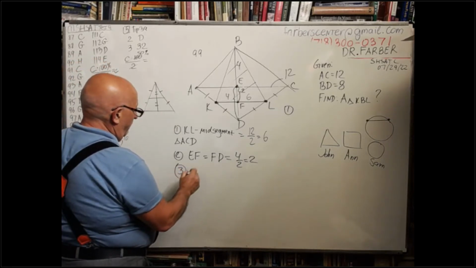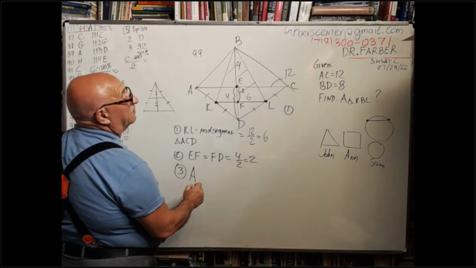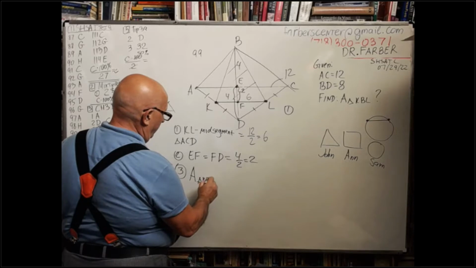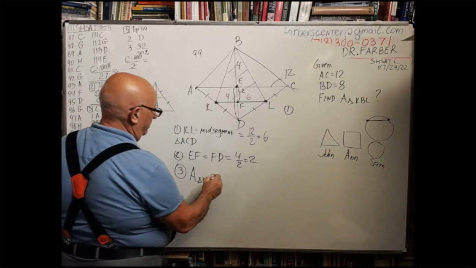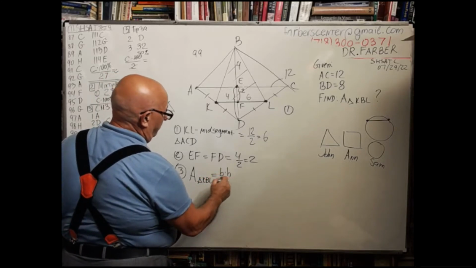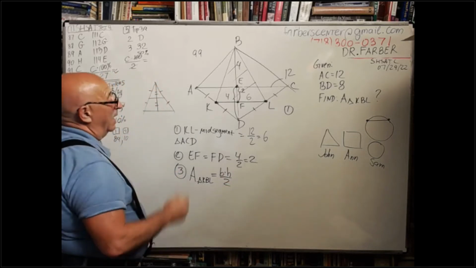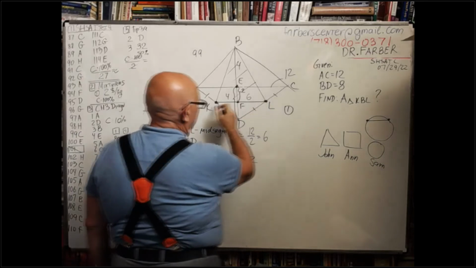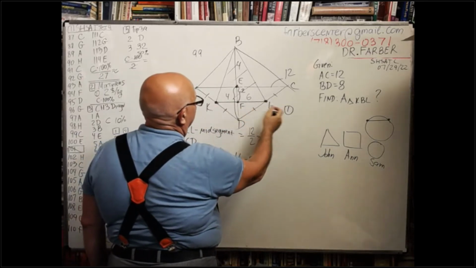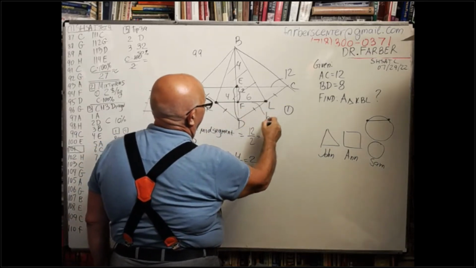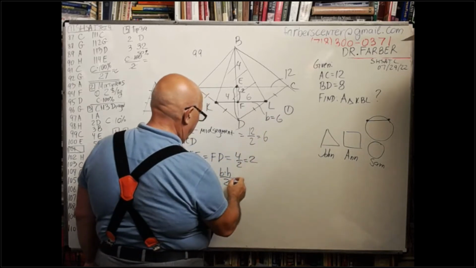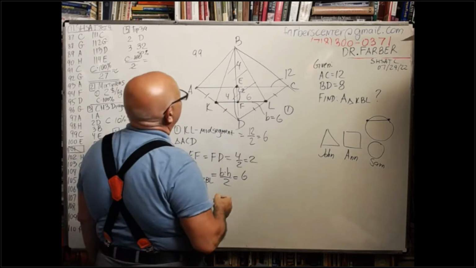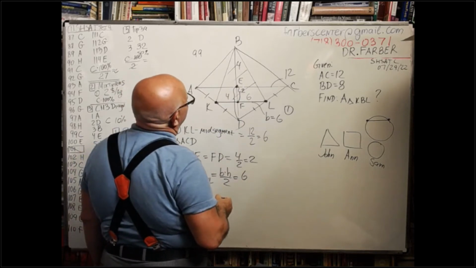Now, the last step. How to find area of this shaded triangle KBL? Like we did in 4th grade: base times height divided by 2. This base I found, this is 6. Base equals 6. What about height? This height is BF.